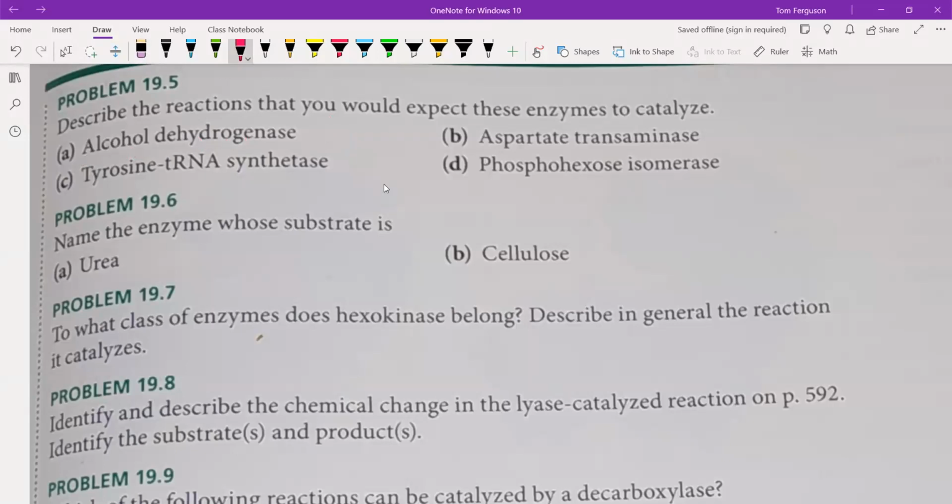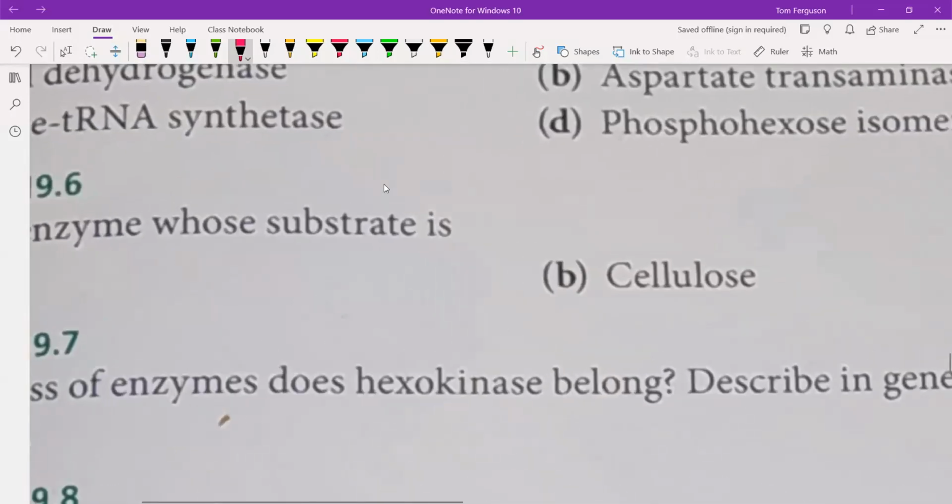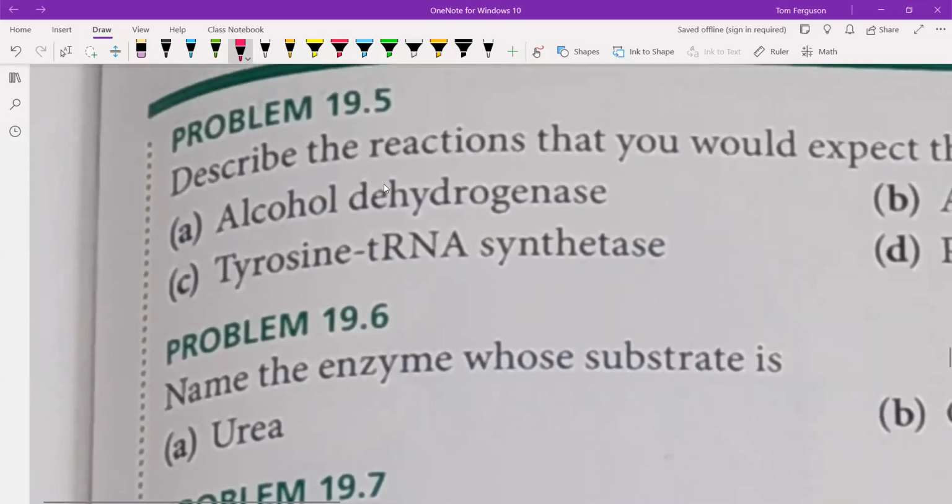Okay, so when you see the name of an enzyme, usually it's in two parts. Here's the substrate, and here's the reaction.